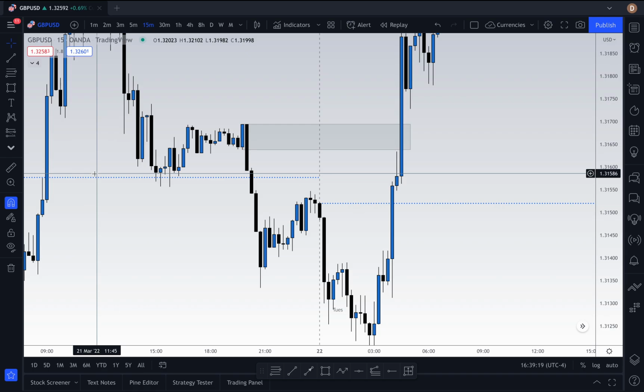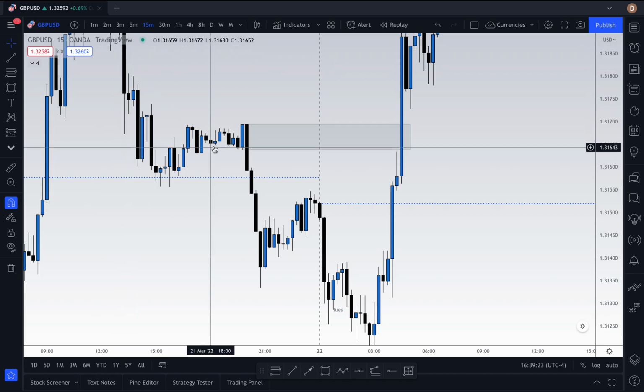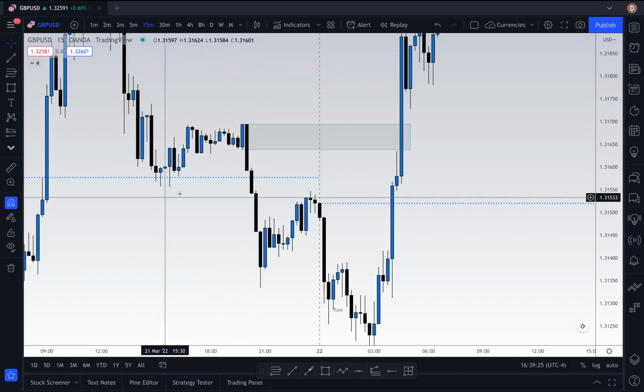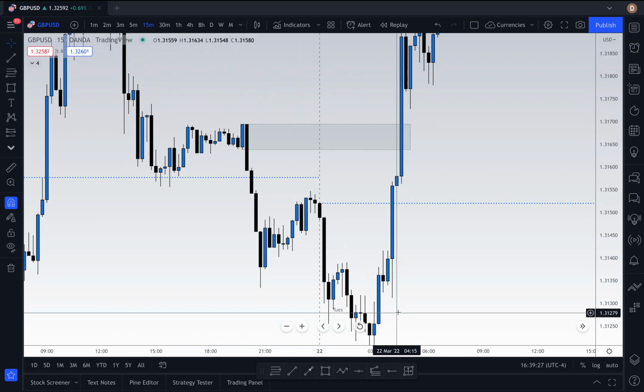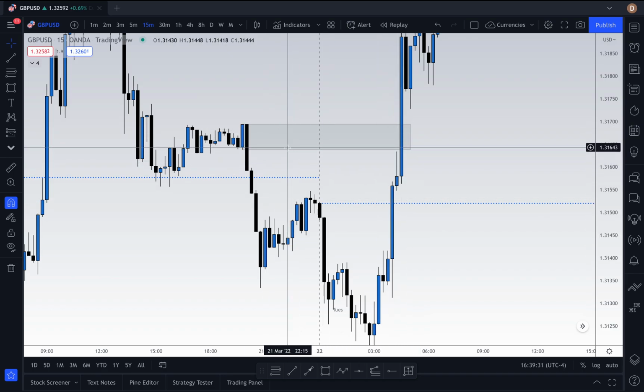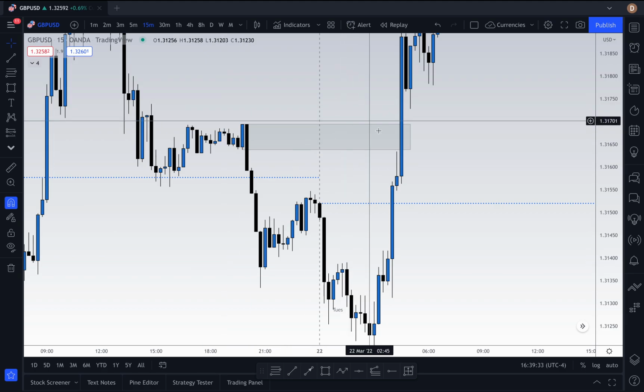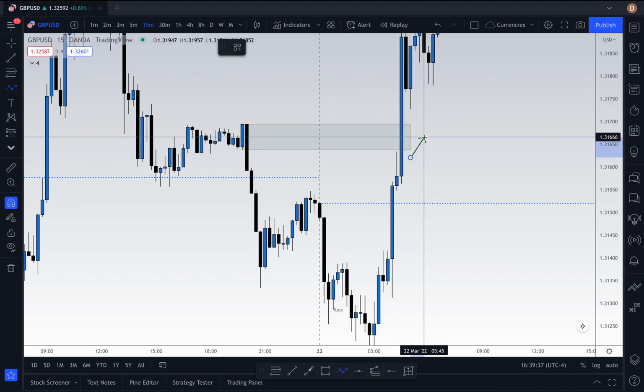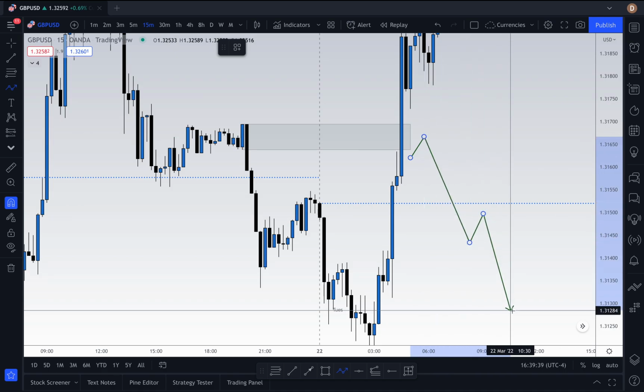From a very basic foundational perspective. You had the last up candle, and then you had the move down that broke market structure, and then you were looking for price to come back into this order block here and continue to the downside, right? This is what you were looking for, and it didn't happen.